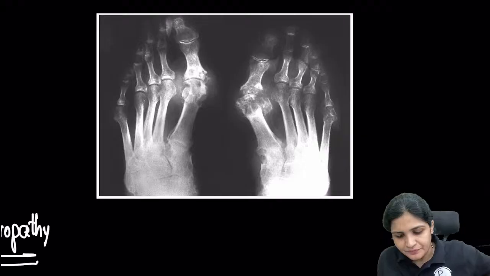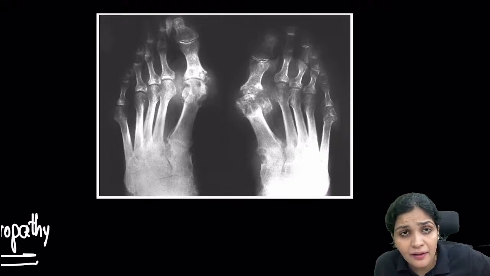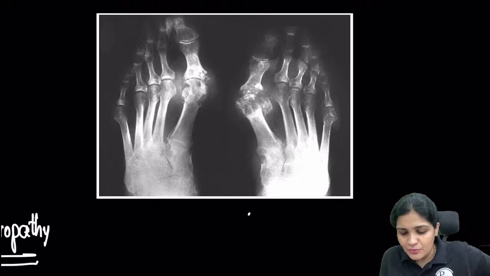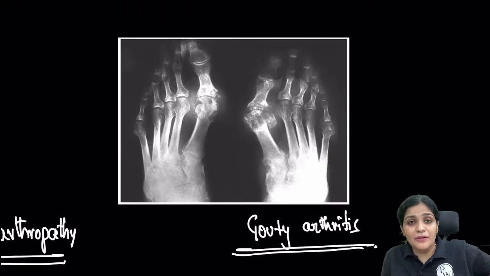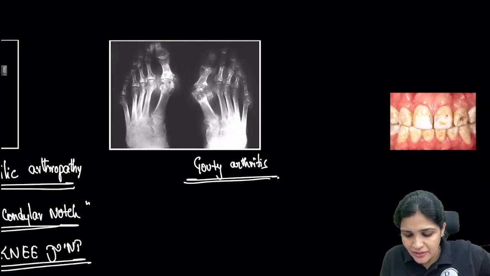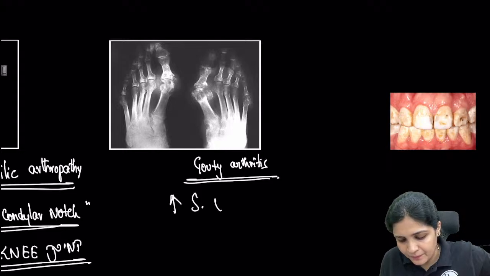And what is this? Is it Asok syndrome? Which one? This is gouty arthritis. This is gouty arthritis, where there will be again because of the what? Gout is because of increase in the serum? Uric acid. Serum uric acid.